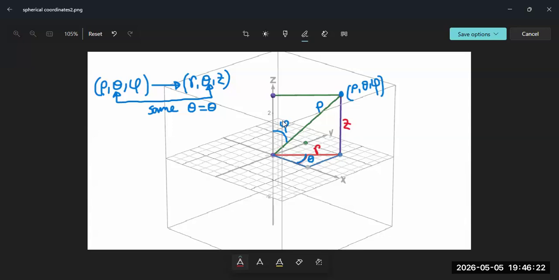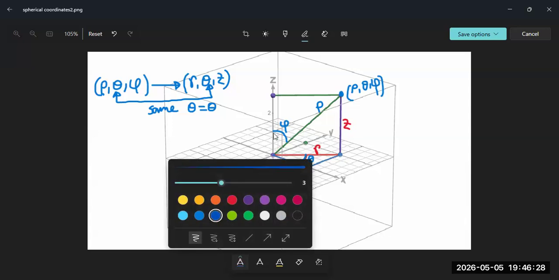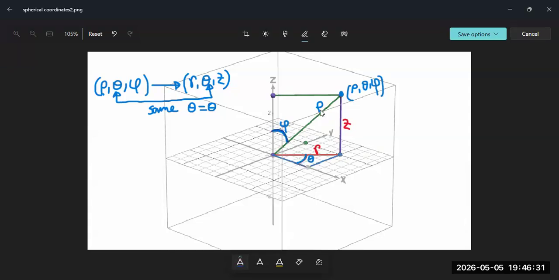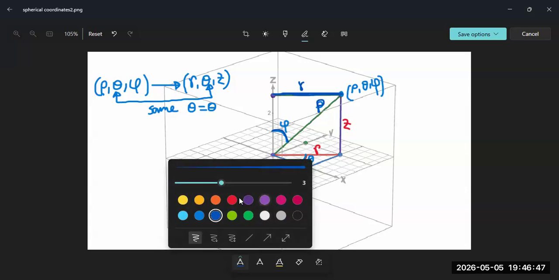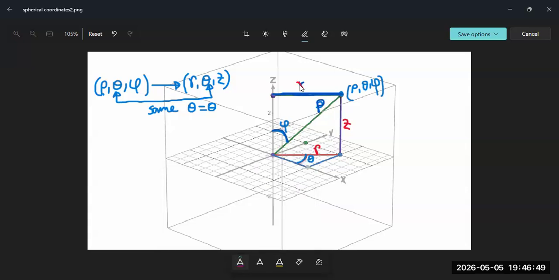So again, our known quantities are only rho, theta, and phi. We know this angle is phi, and the corresponding hypotenuse of this right angle triangle is rho. So we can calculate this length, which is the opposite of this right angle triangle when the angle is phi. So this is basically our r quantity.